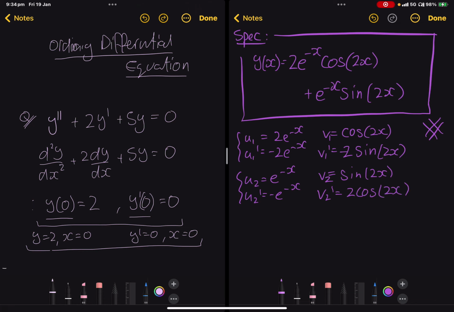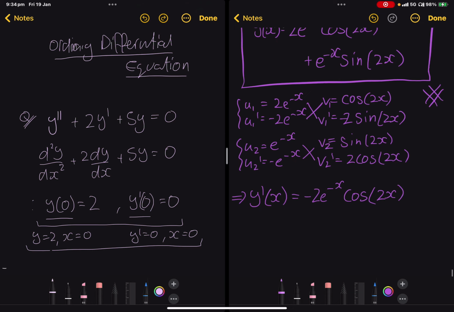And then we're just going to do product rules. So u prime v plus uv prime, u prime v plus uv prime. So this tells us that our first derivative, y prime of x, is u prime v, minus 2e to the minus x times cosine of 2x, plus uv prime, 2e to the minus x times minus 2 sine of 2x.